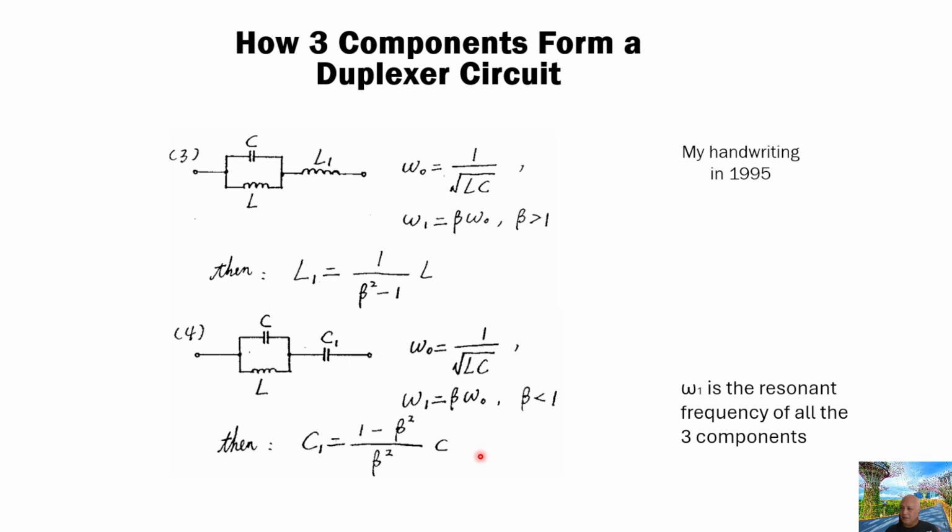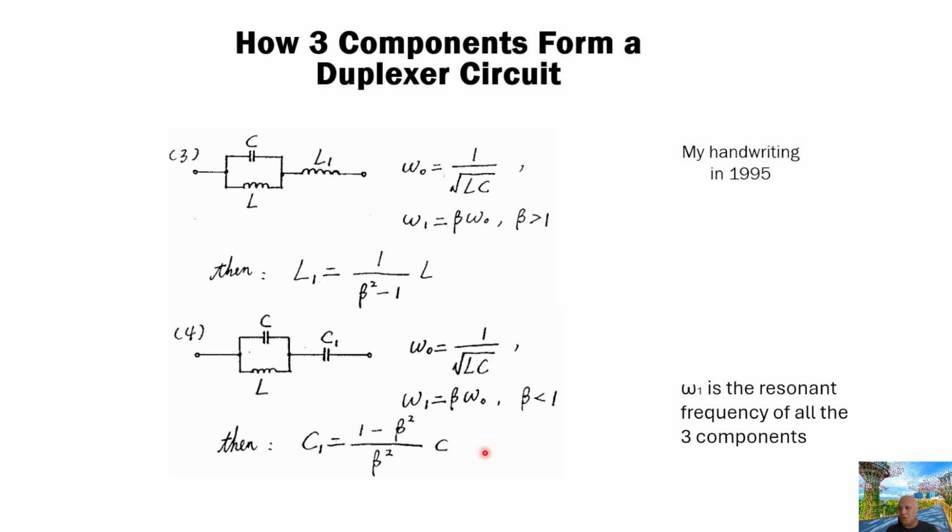So based on this idea, I actually designed a duplex for the receiver path. Some story behind it: at the time I was working in the RF R&D department, we needed to design a duplex with very small size used for a cordless phone.